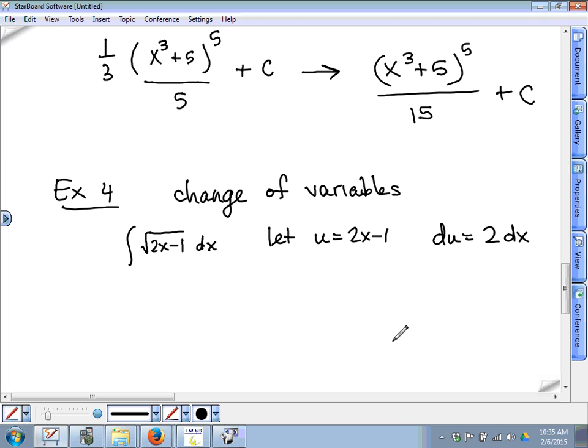Now, here's the thing, you guys, and I'm going to try to explain this real slow. I want to change this whole entire thing right here into just expressions involving u, no x's. We can certainly make a substitution here for u, but wouldn't that still leave us a dx? I want to have dx there.